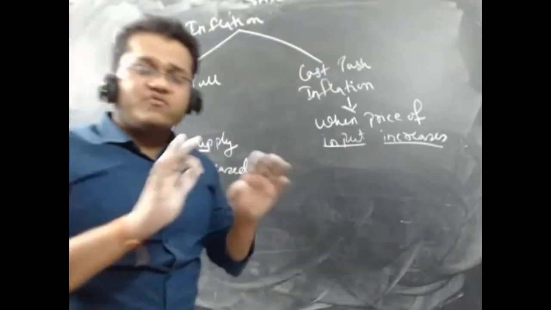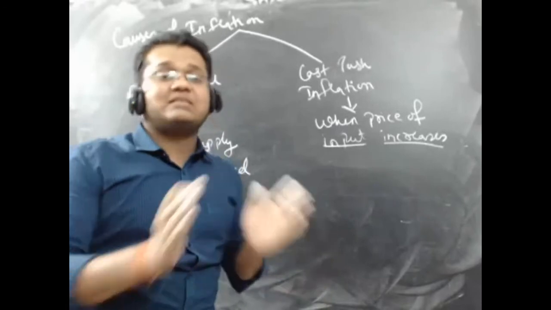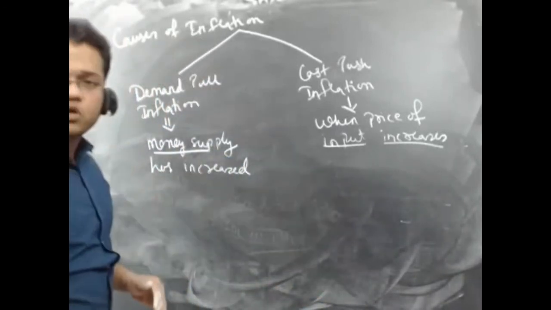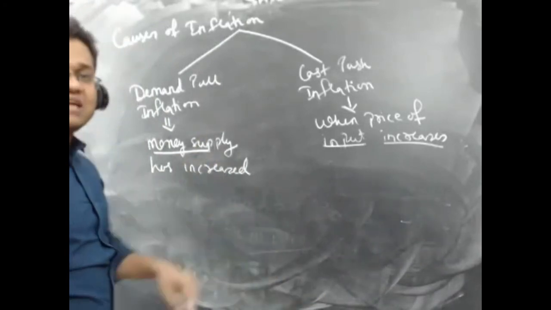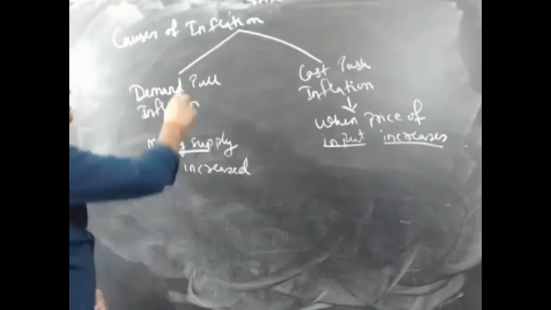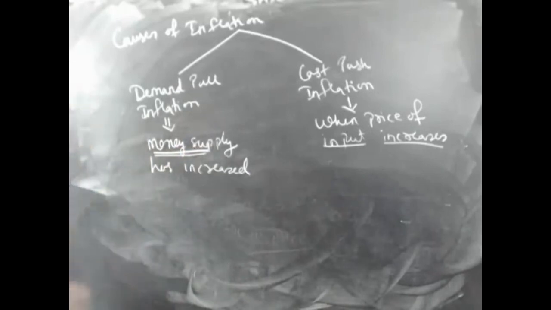Basically for them, whether it is demand pull or cost push, the reason is one: money supply. Because government has printed more currency, your employer is able to give you more money, and that's why your salary has increased, so you are increasing the demand. So what is the reason for demand pull inflation? Money supply. Is it clear?